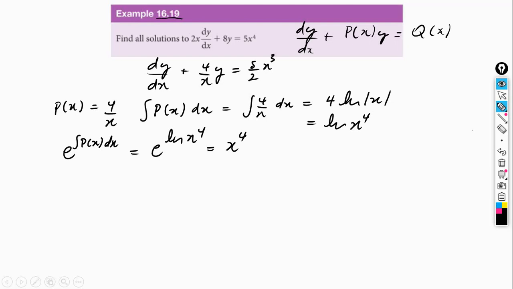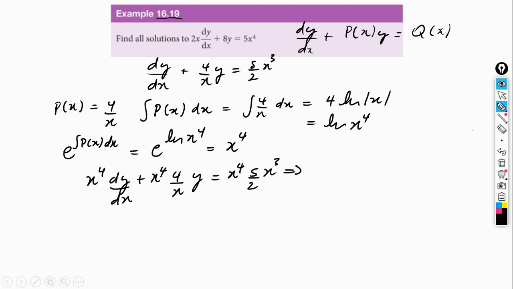So now we need to multiply both sides of the equation by the integrating factor. So we're going to get x to the 4 times dy/dx plus x to the 4 times 4 over x times y is equal to x to the power 4 times 5/2 x to the power of 3.